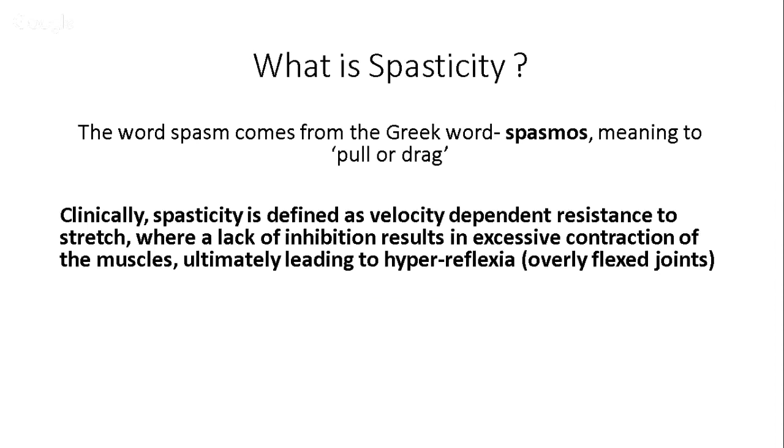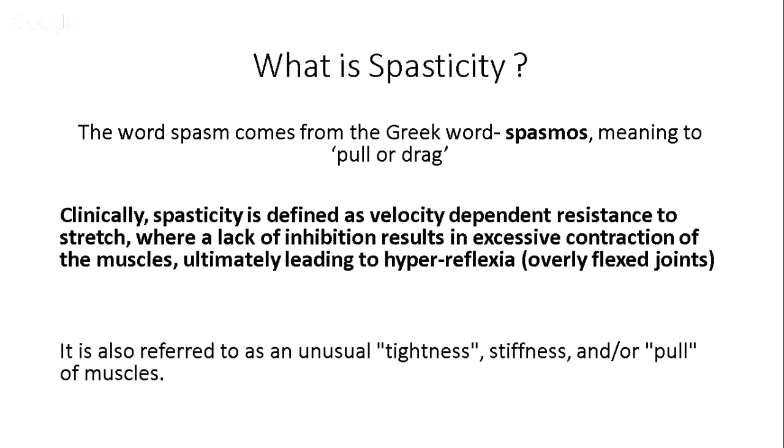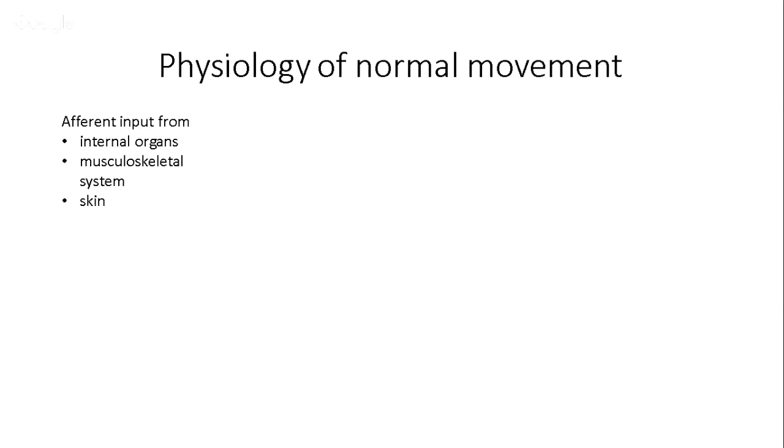I'll go deep into that later. Excessive contraction of the muscles ultimately leads to hyperreflexia or overly flexed joints, like we see here often. It is also referred to as unusual muscle tightness or stiffness or pull of muscles.